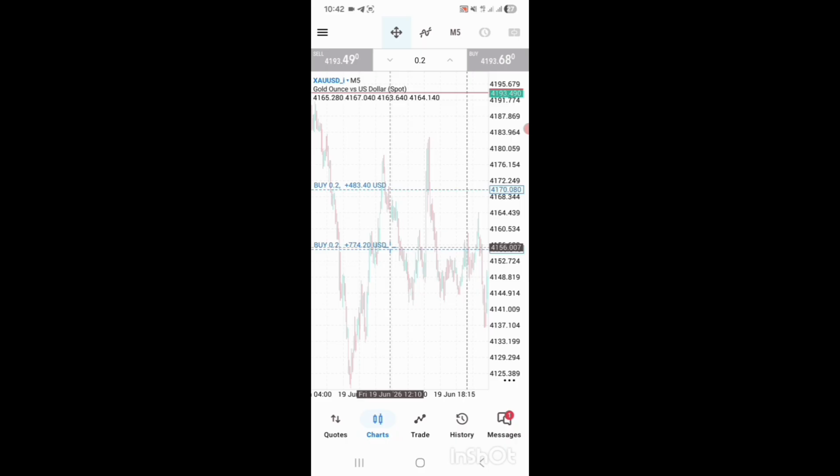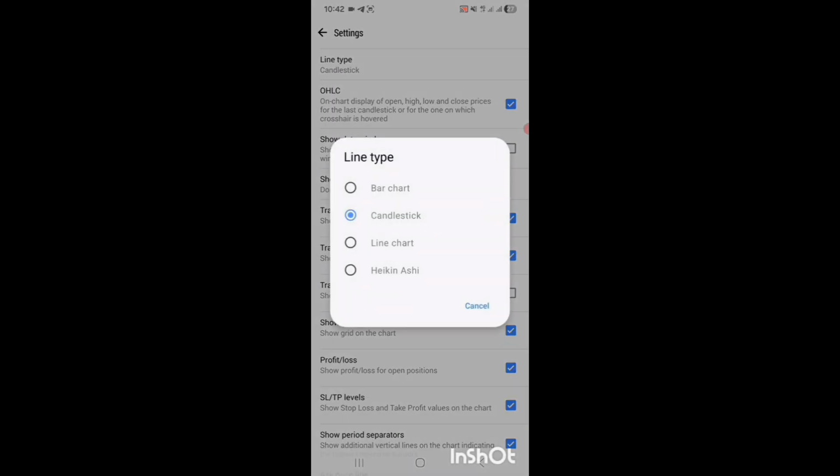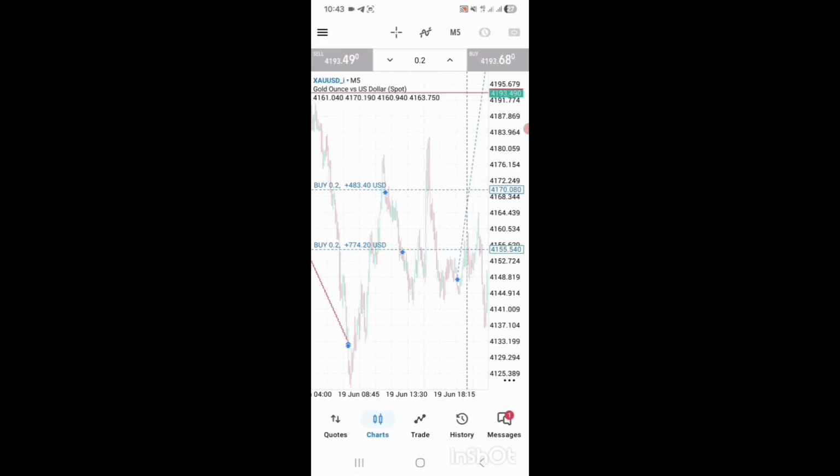I'm not sure now. Let me just check where I took price. Yeah. So I took the first buy here. It came down, I took another one. Came up, went down, and I took another one.